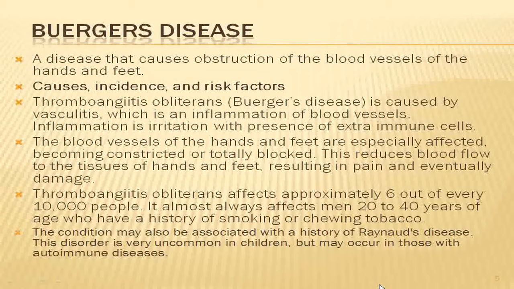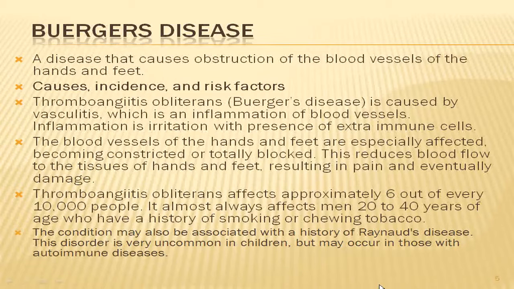And so we see another differentiation between Buerger's disease and peripheral artery disease in the age. We see that it affects younger individuals from 10 to 20 years of age, whereas peripheral artery disease tends to happen later in life. And again, the blood vessels of the hands and the feet are affected with Buerger's disease. So we said that it's non-atherosclerotic.